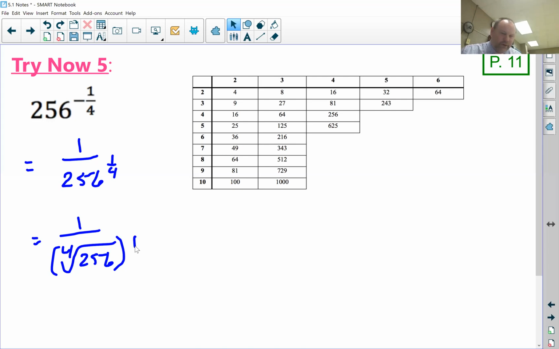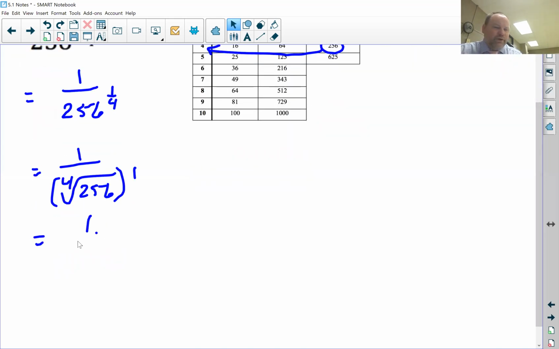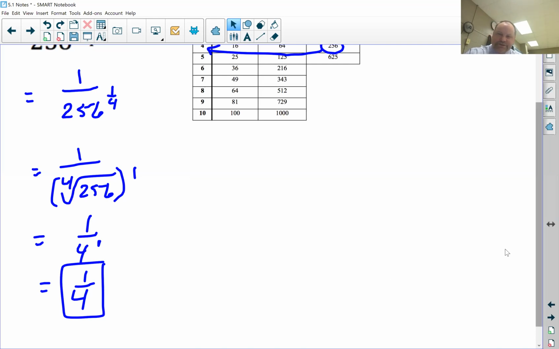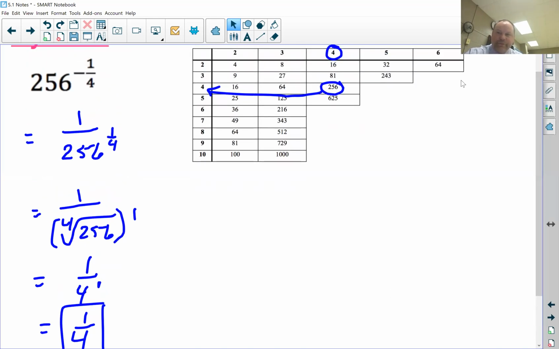Now, normally we don't worry about that 1st power because it's pretty easy to calculate. But if we go to our 4th power column, 256, there's our base, 4. So this is 1 over 4 to the 1st power, which is the same as 1/4. So for the end of the assignment, this chart is going to be very helpful.